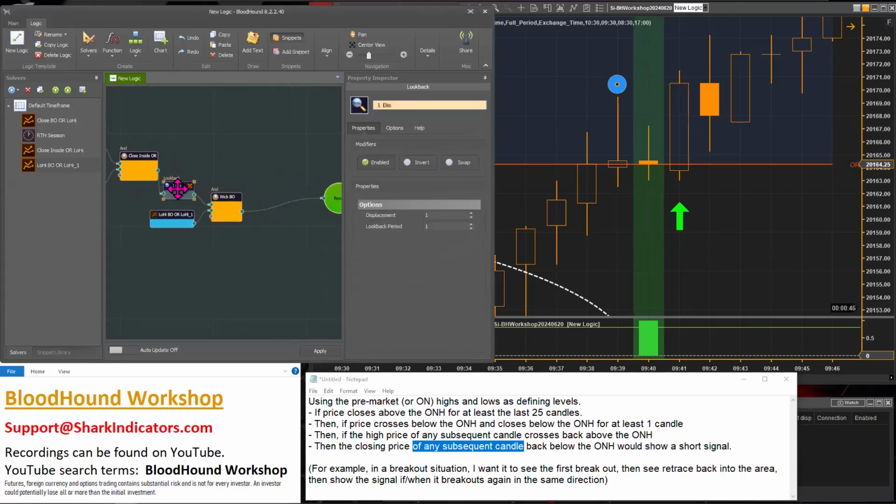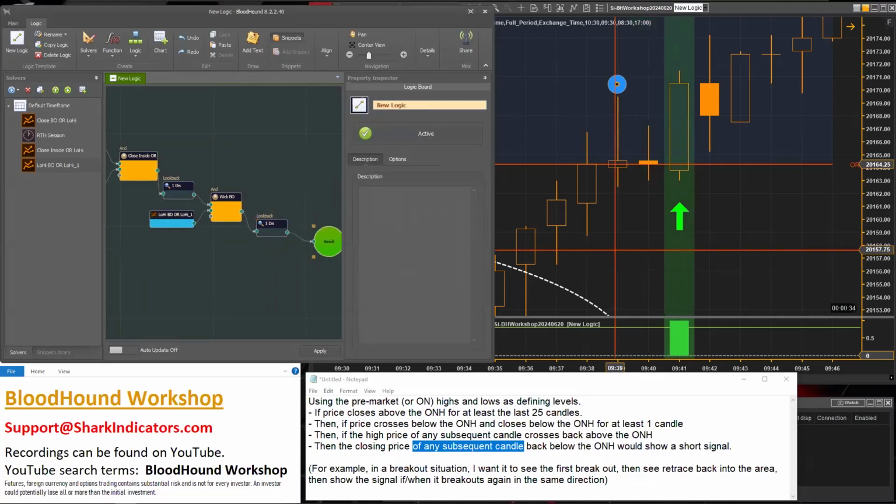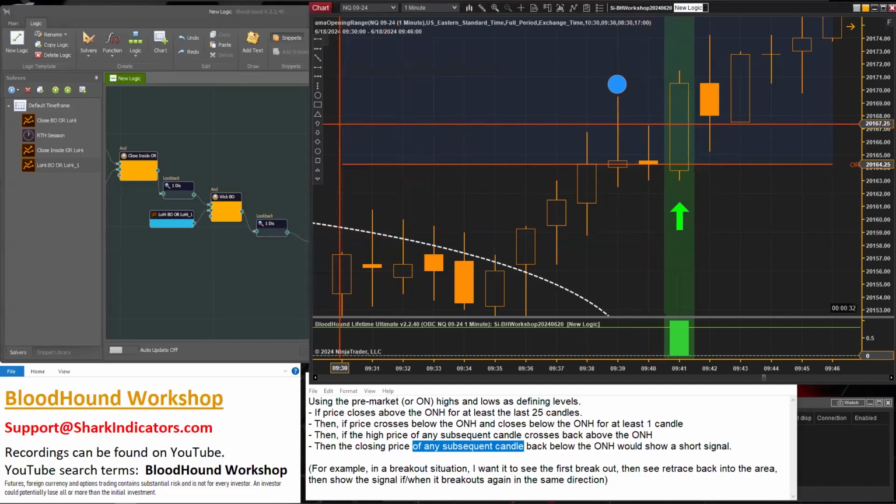That means I need to take a copy of this and paste it afterwards. There's our little wick breaking back out.